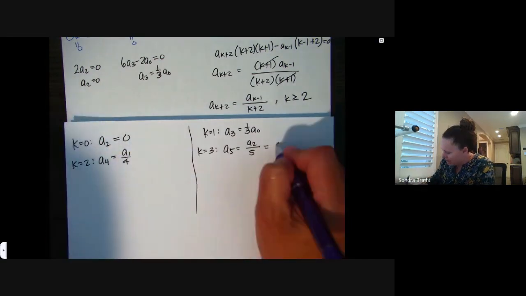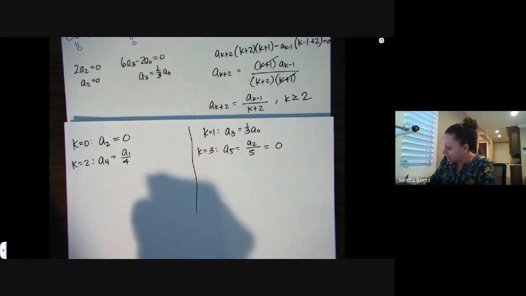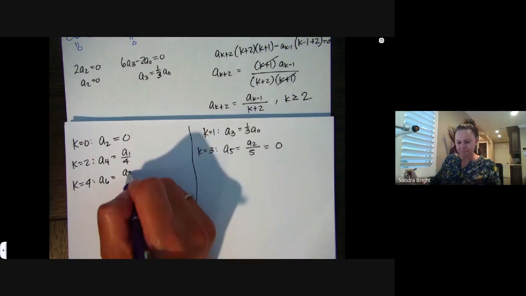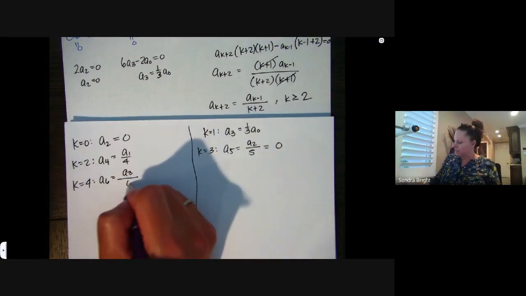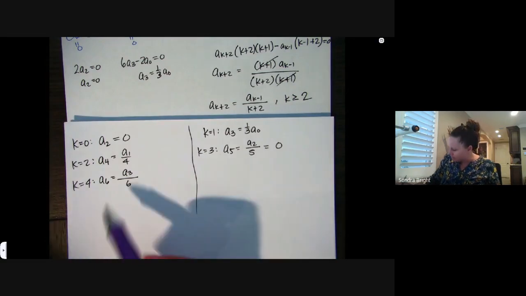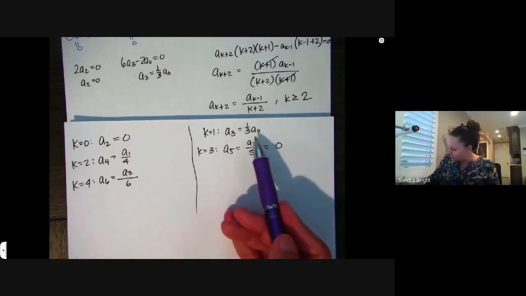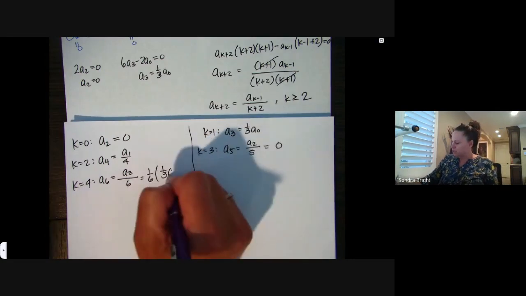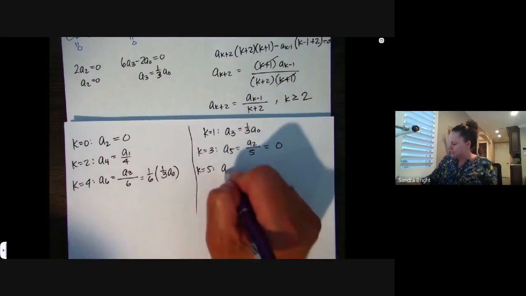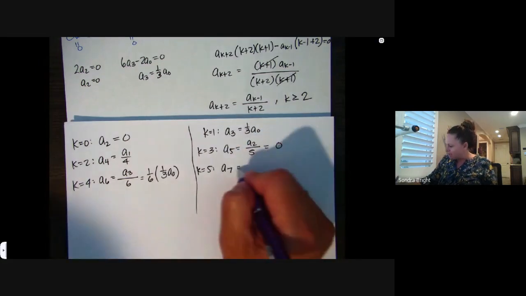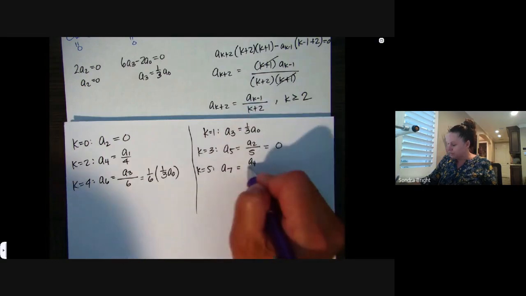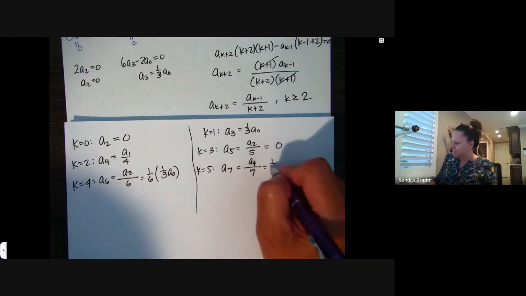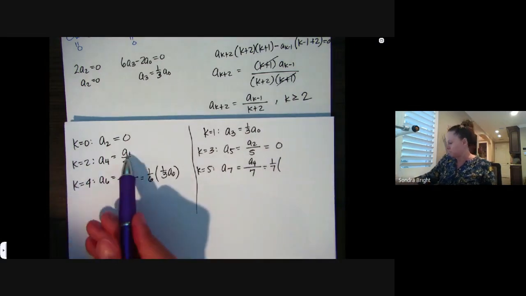All right, when k is 4, you'll have a6 is equal to a3 over 6. But we know what a3 is. A3 was 1/3 a naught, so that's 1/6 times 1/3 a naught. When k equals 5, you would have a7 is equal to a sub 4 over 7. But we know what a4 is. So this is 1 over 7 times a4, which was 1/4 a1.